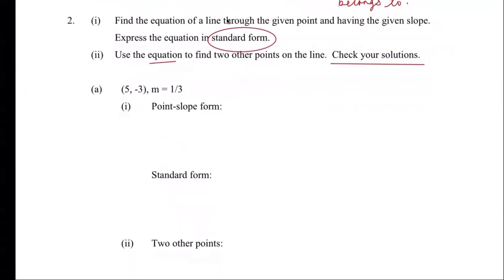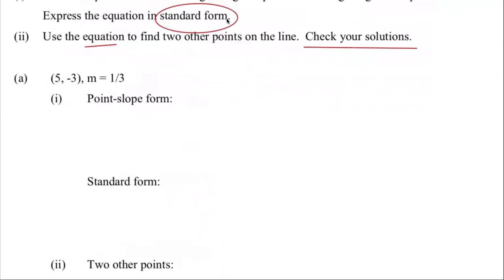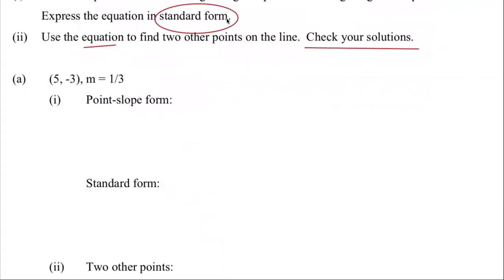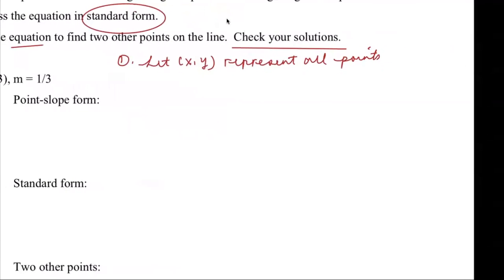So we're given a point (5, -3), and we're given m, which is the slope, equal to 1 over 3. How do we solve this? First step, we let (x, y) represent all points on the straight line.